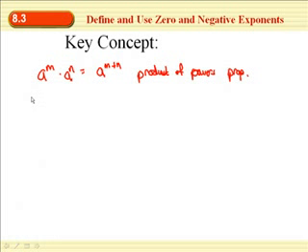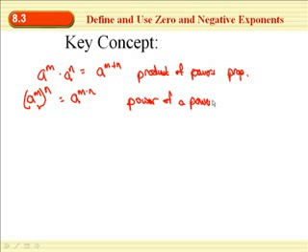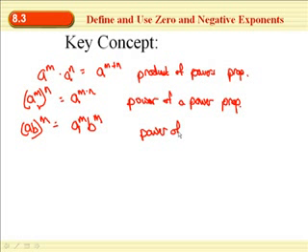Then we have a to the m to the n equals a to the m times n. That's power of a power property. And then ab to the m is a to the m, b to the m, which is the power of a product. Kind of confusing, isn't it?